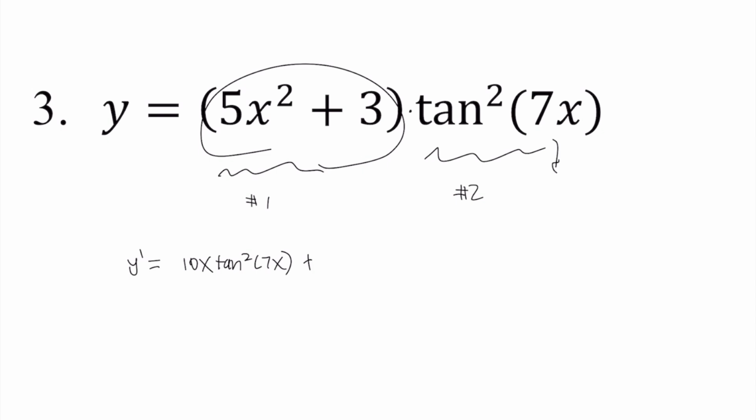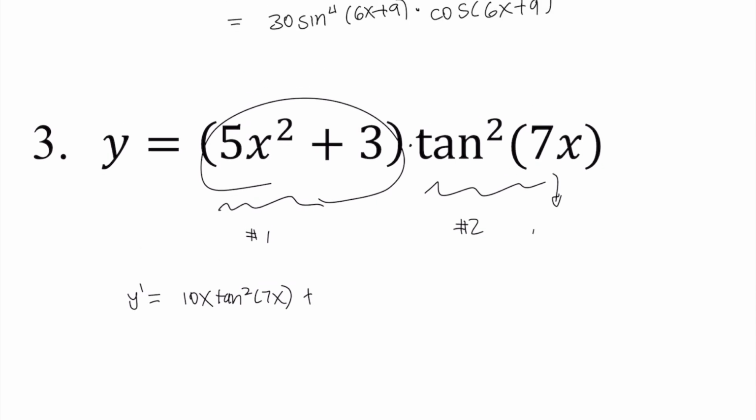So tangent squared 7x is similar to the one before, so it's tan 7x to the power of 2. So we need to take the derivative of this one, which would be 2 come out, and then tangent 7x, right? And then there's one less power, so it's just 1.